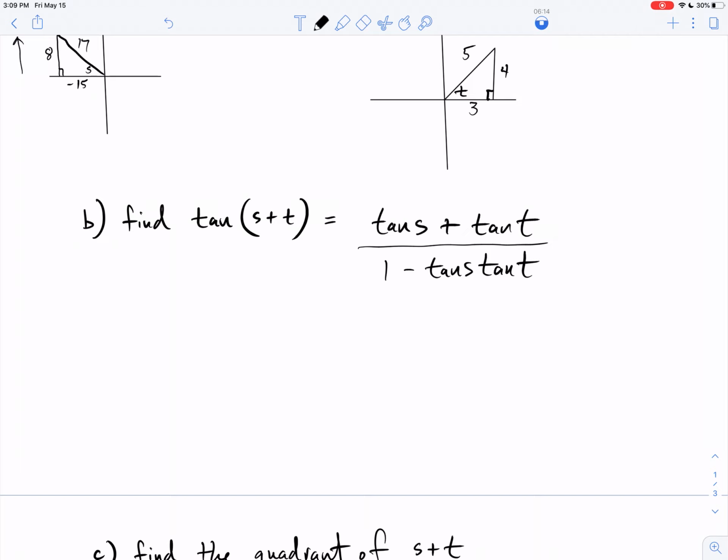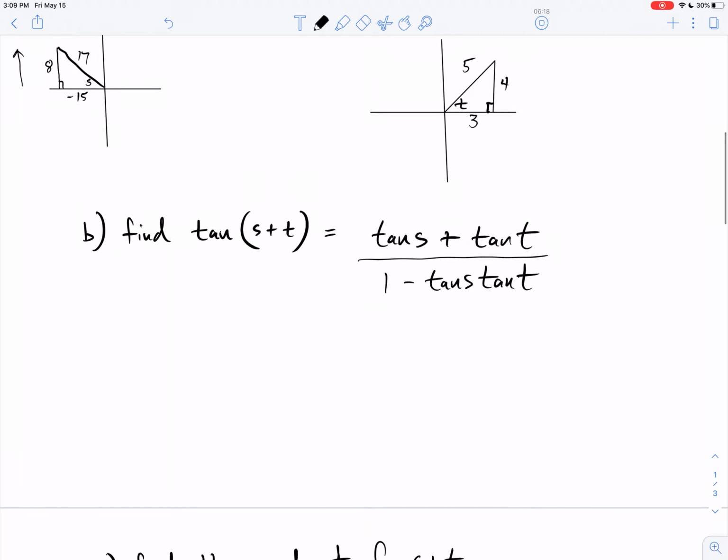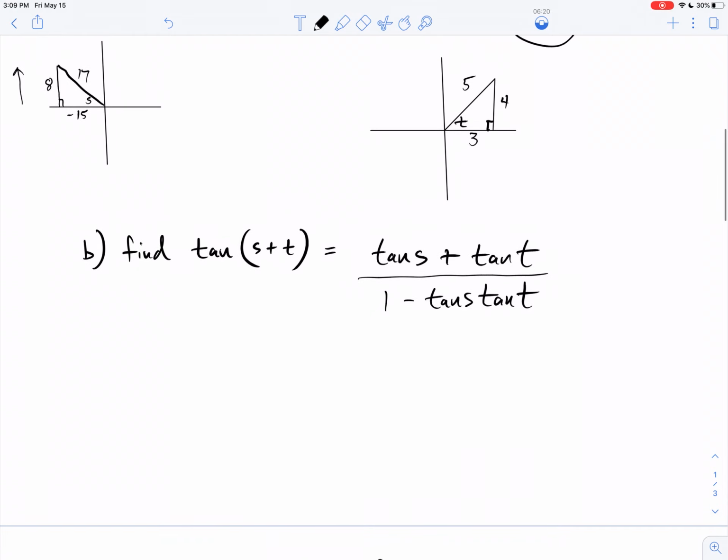I have already got my reference angles. I have enough room to see them too. So I could say to myself, hey, what is the tangent of S?